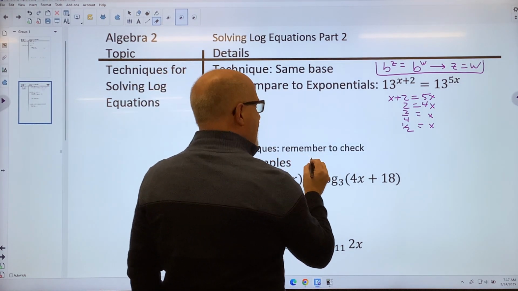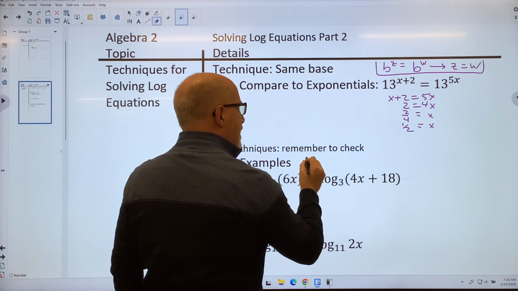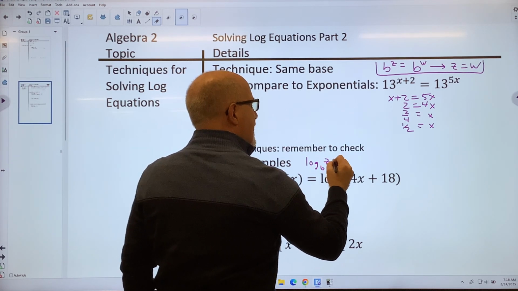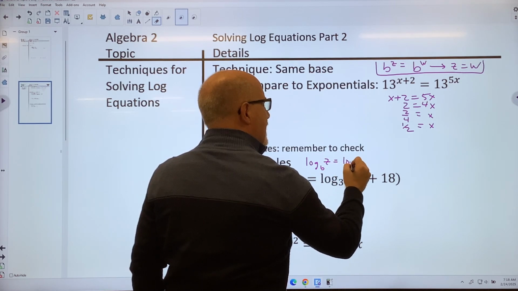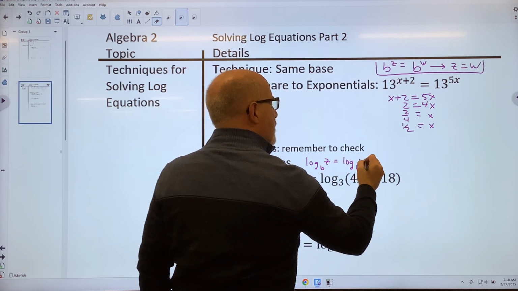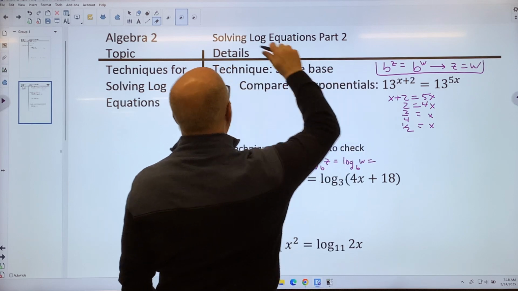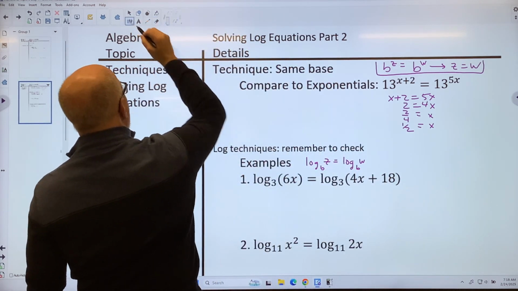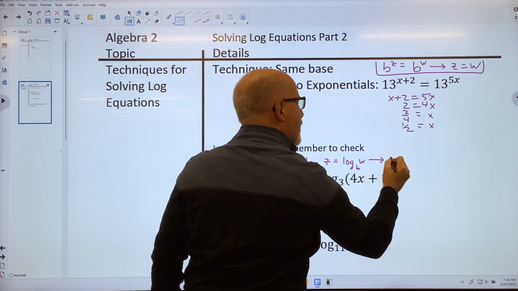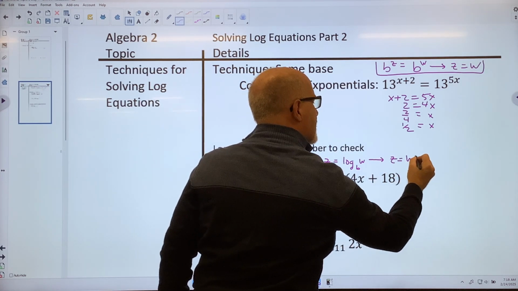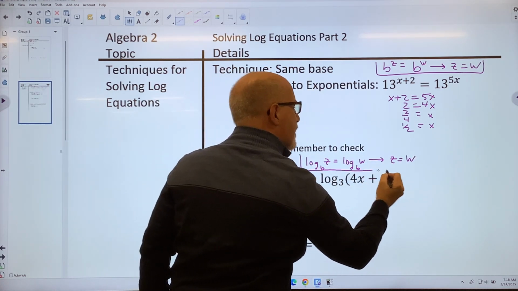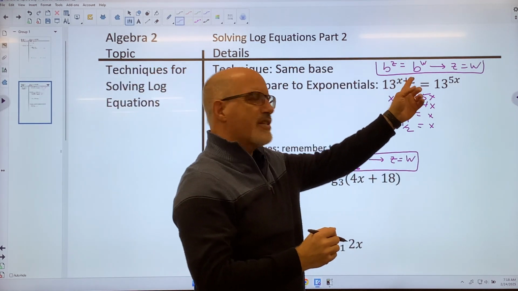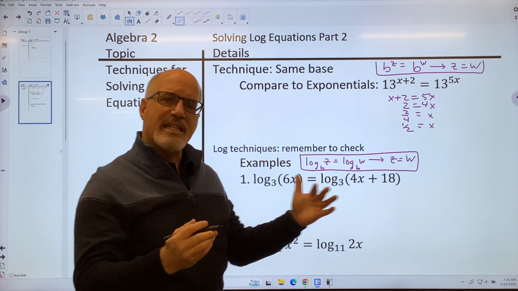So the idea here is that if you have log base b of z equal to log base b of w, then that means that z and w have to be equal to each other. So this is the rule we're going to use for this. It's a new rule. It's very similar to this one. It kind of uses that same idea.